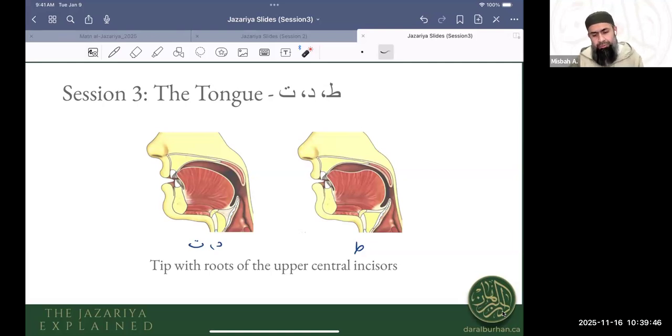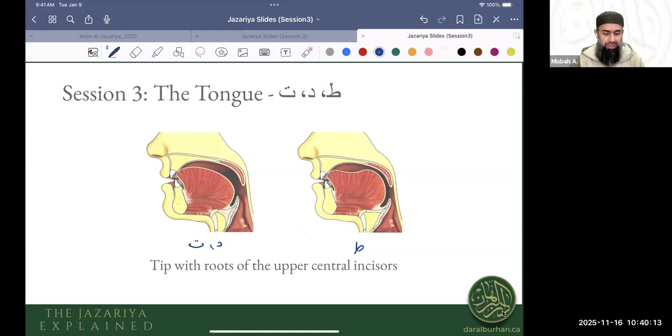Okay? The only difference between ta and dal, if you observe, is the rising of the tongue. No other difference. Okay? And hence the importance of pronouncing the ta correctly as opposed to dal and ta. Of course, you're going to have a question, inshallah, and you'll remember it from this lesson, but not this quiz.